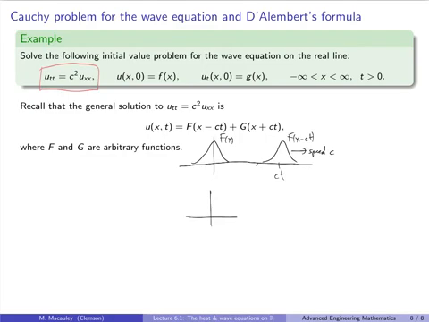Now if g of x is some other signal, then g of x plus ct, not minus, is traveling at speed c to the left, and at time t is a distance ct away. So this is just saying that you take any function traveling to the right and superimpose it with the one traveling to the left, and that solves the wave equation.